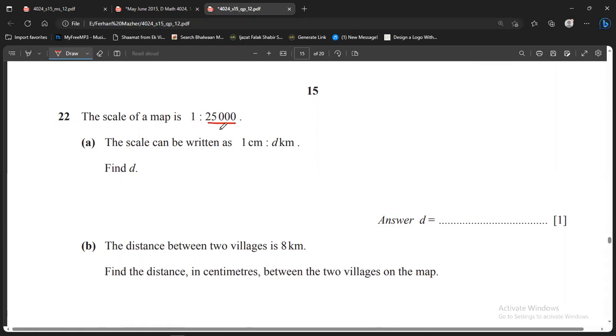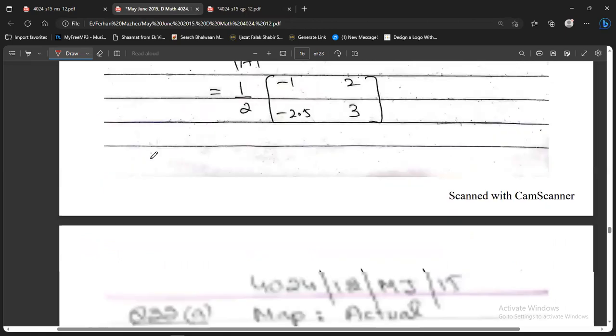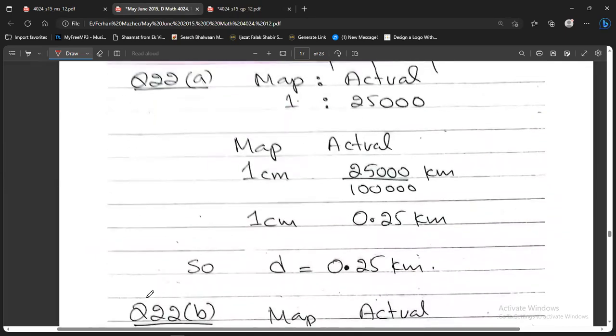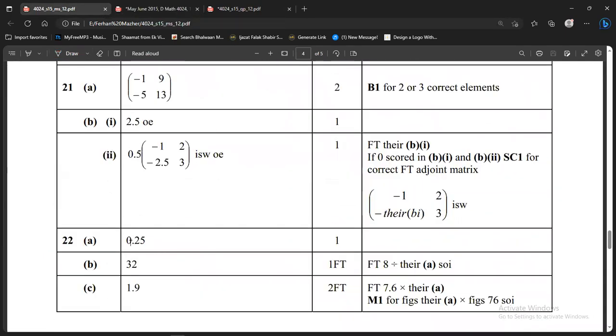Simply divide this by 100,000. If it is 1 centimeter on the map, the actual distance will be 25,000 divided by 100,000, because in 1 kilometer there are 100,000 centimeters. In this scale, both the units are the same. So if this is centimeter, this is also centimeter. So it will become 0.25 kilometers. That means the d value is 0.25 kilometer.